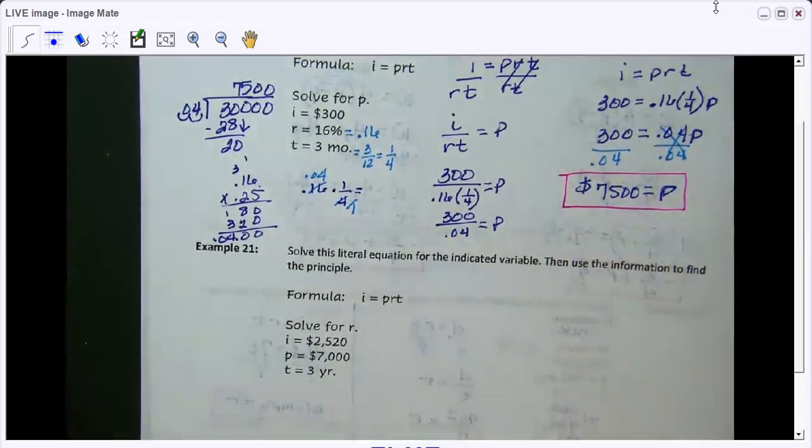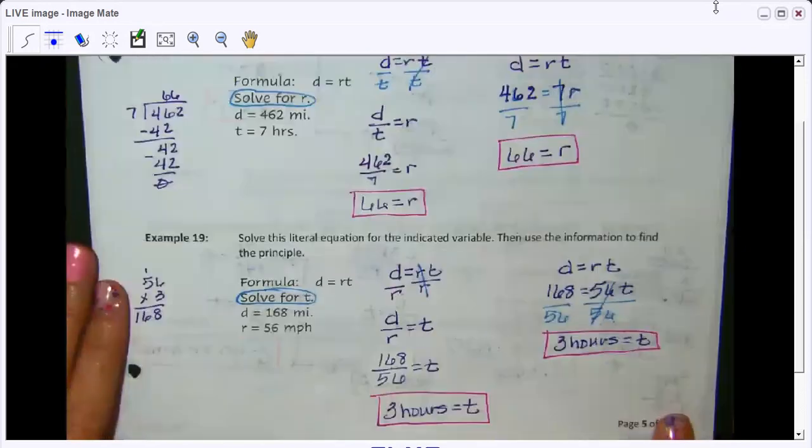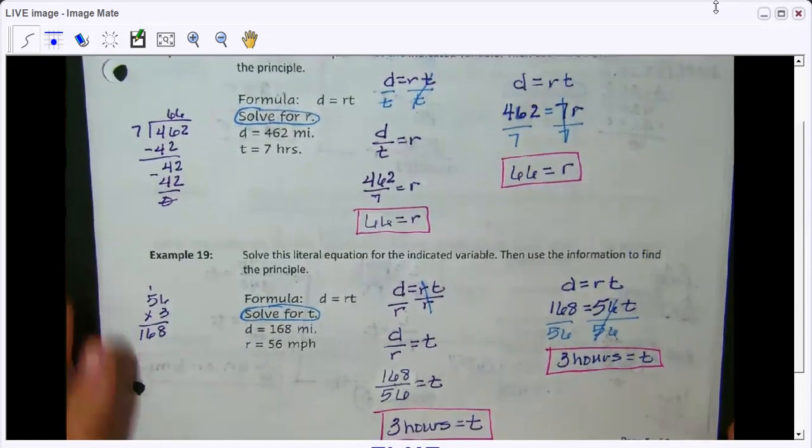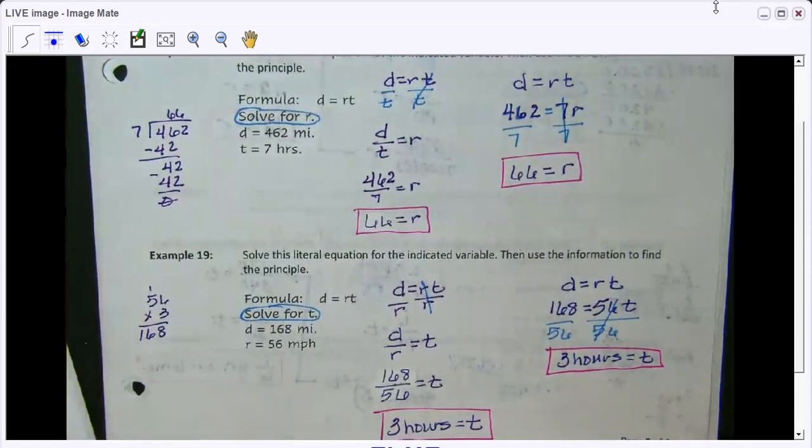Now, I don't want to take more time to do this because we've done these types of problems already, but I am going to show you 18 and 19. If you want to write down any information about 18 and 19 to make sure you understand how to do this, you can. Number 19, we did one almost identical to it already.